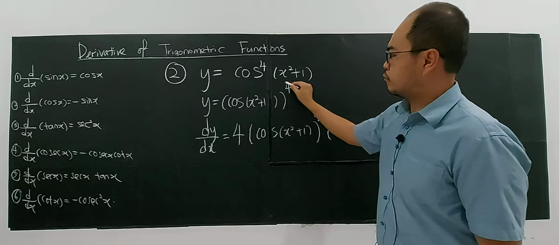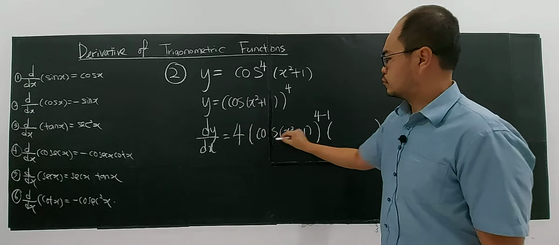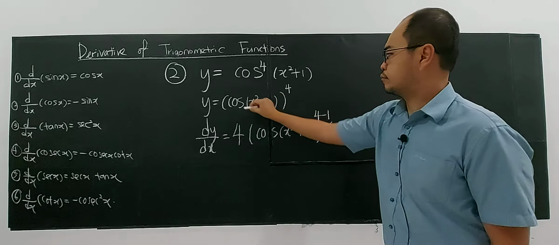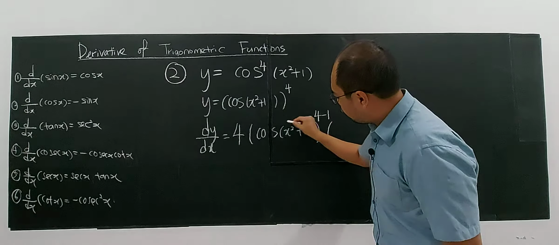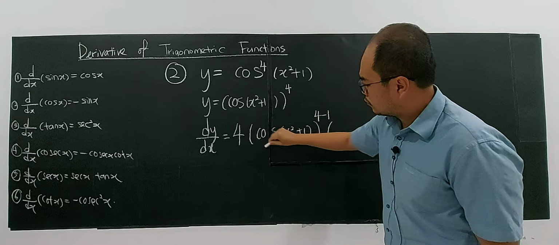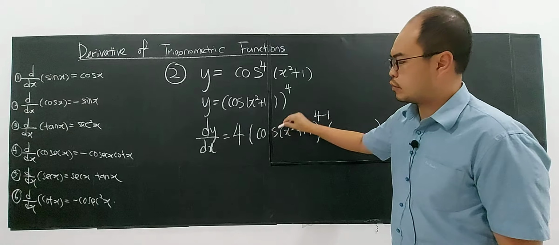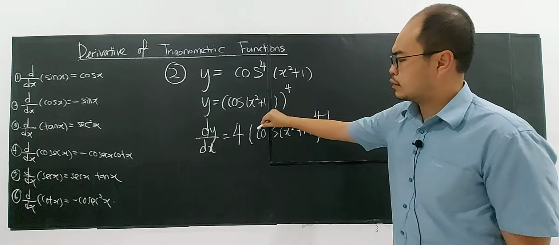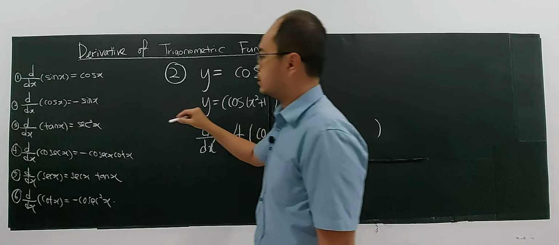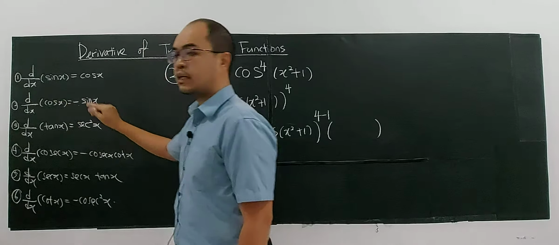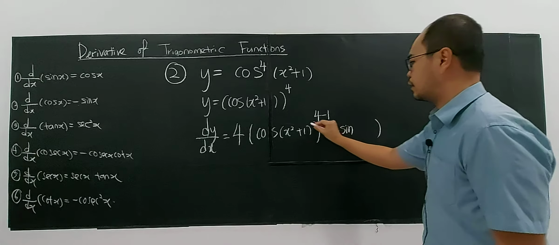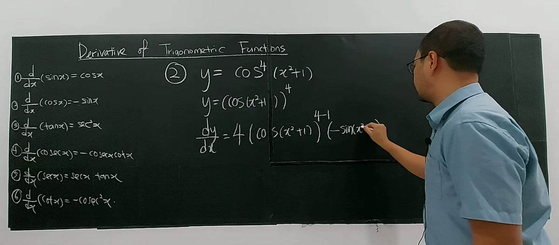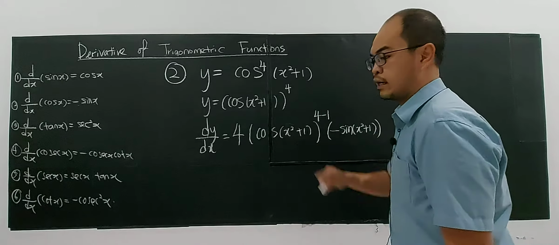First step, 4; this whole thing copy back, and 4 minus 1. Then we look at the function inside, which is cos. You want to differentiate the function inside, differentiating cos. Differentiating cos gives a negative sine, so you have negative sine, not of x, but of x squared plus 1, using the given angle here.